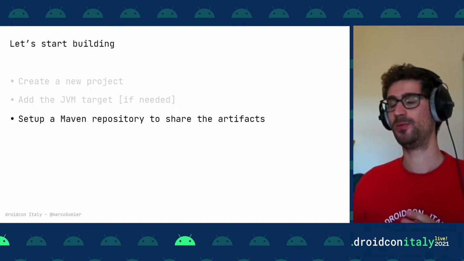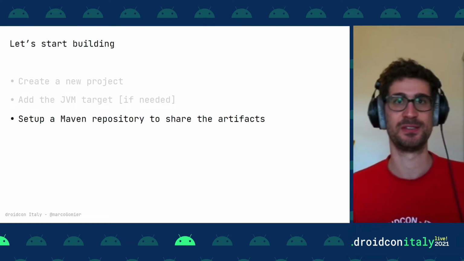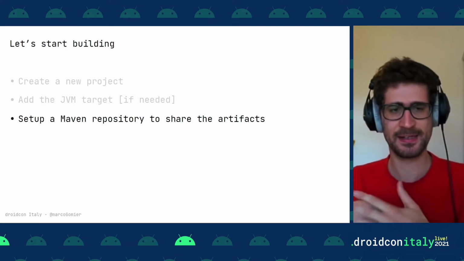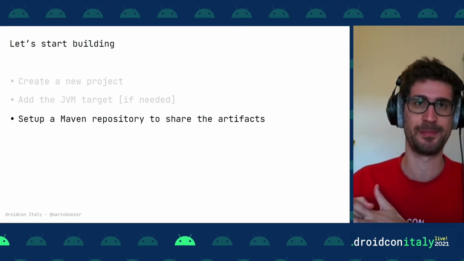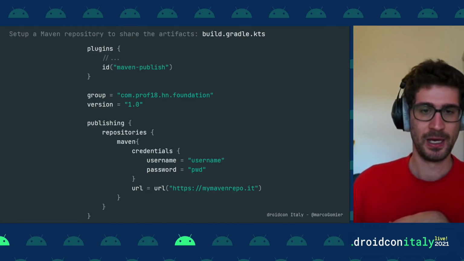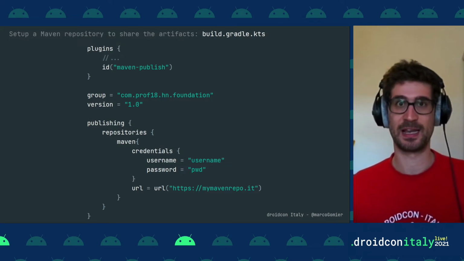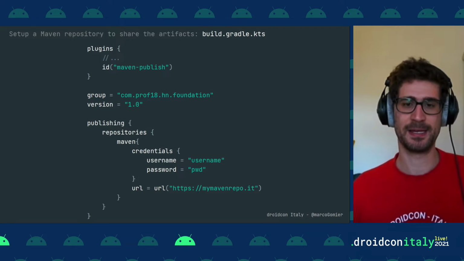All right, now let's tackle the JVM world first, because it's easier, of course. And as I said before, we are going to use a Maven repository to share the artifacts. In order to do that, it's pretty easy, because we can use a Gradle plugin, the Maven publish plugin.